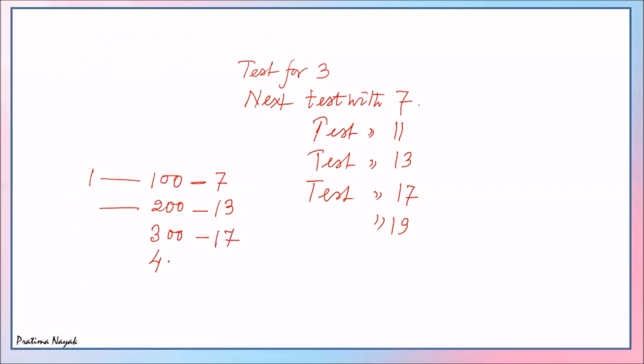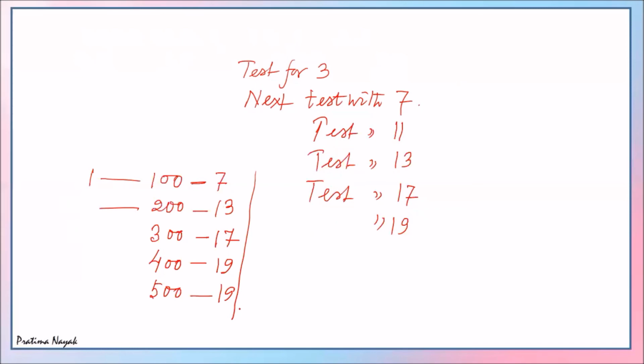If the number is up to 400, you have to go up to 19. If it is below 200, there is no need for 17, 19 and others. If the number is 500, then still you go for 19. Then if it is up to 600, go for 23 and 29, and so on.